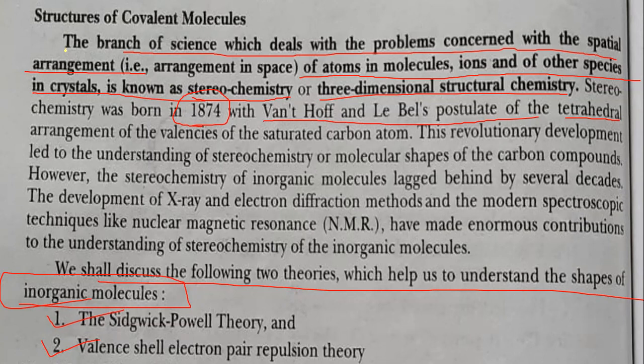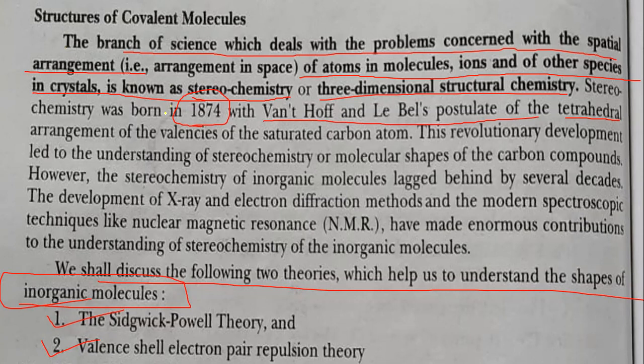The branch of science which deals with the problem concerned with the spatial arrangement of atoms in a molecule, ion, and other species in crystal is known as stereochemistry. Or I can say in easy words, the branch of science which deals with the three-dimensional study of any molecule is called stereochemistry.